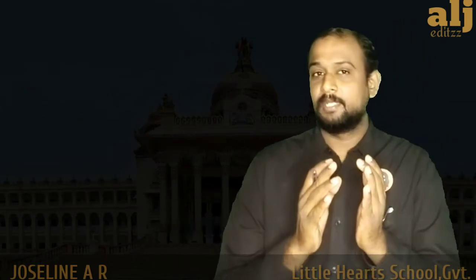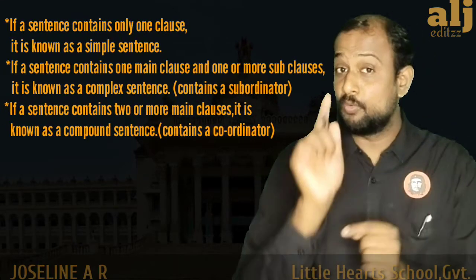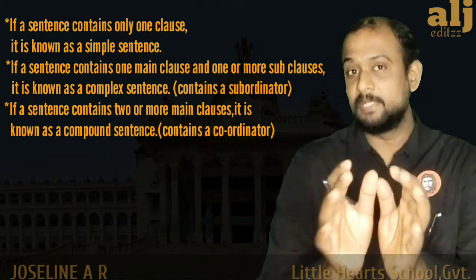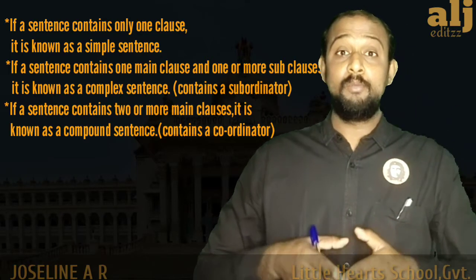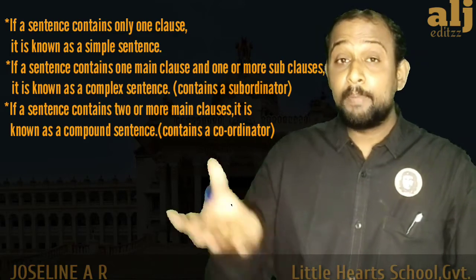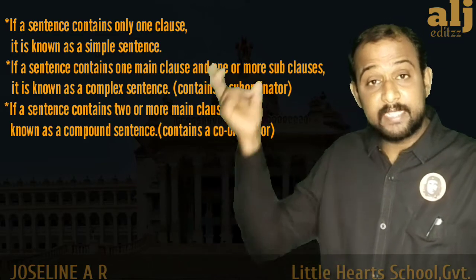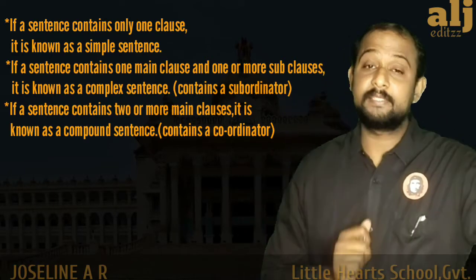When a sentence contains only one clause, such a sentence is known as a simple sentence. When a sentence contains more than one clause, two or three or more, depending upon the coordinators or subordinators, we name them. If it has a subordinating conjunction, such statements are called complex statements.